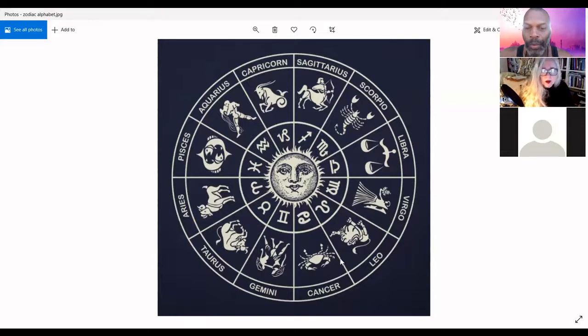For Leo, to our left is Libra, Scorpio, and Sagittarius. To our right is Gemini, Taurus, and Aries.